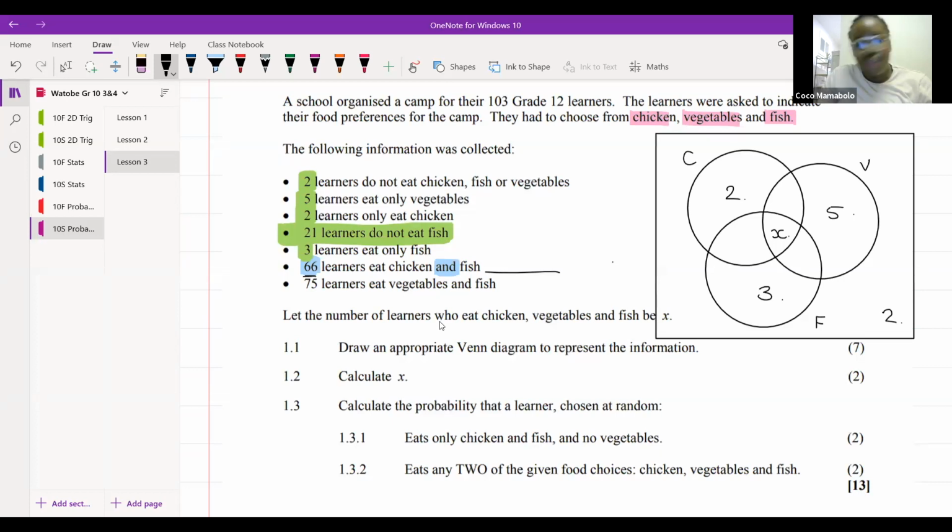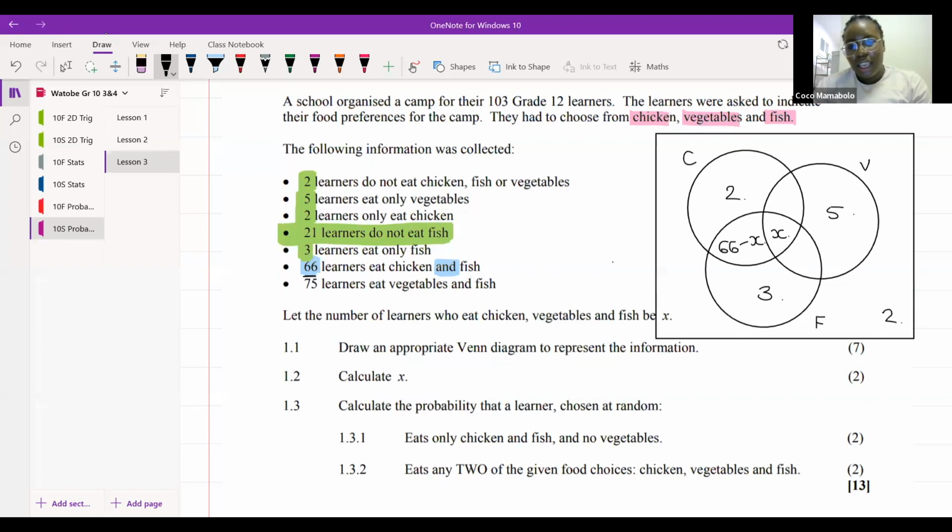No, because it didn't say only. Correct, it didn't say only. So what that tells us is if this is X, this isn't just 66. What is it going to be? 66 minus X. Correct, minus X, because we don't know how many students.